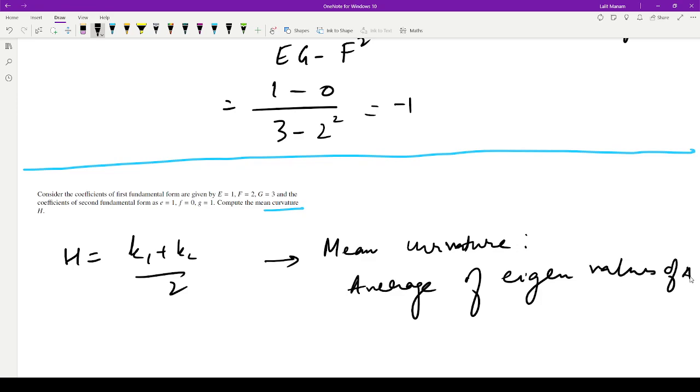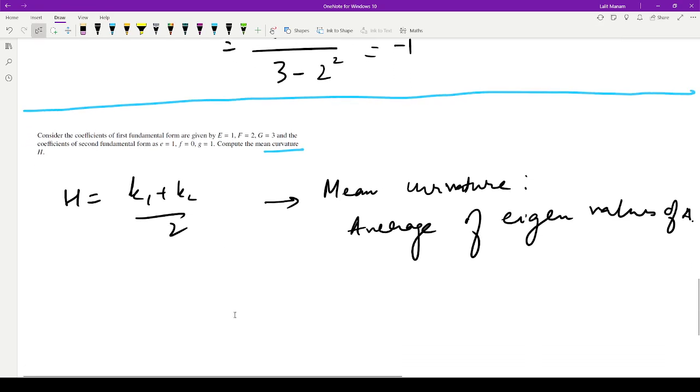of A. So it's well known that the summation of eigenvalues gives the trace, right? Yes, sir. The trace is the sum of all the diagonal elements.